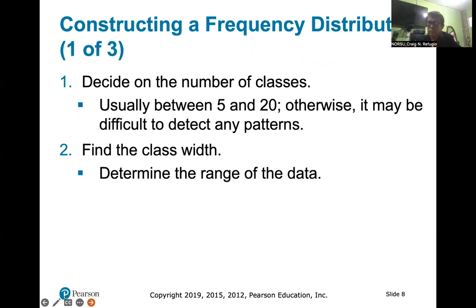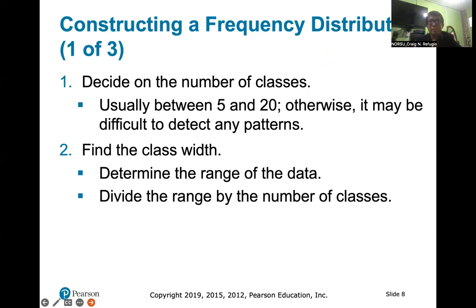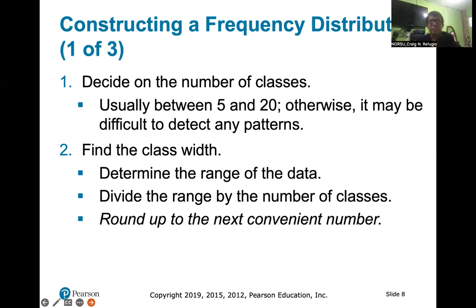Find the class width. So determine the range of the data. Range is equal to maximum minus minimum, or the highest minus the lowest one. Divide the range by the number of classes. So take note, the ideal number of classes is usually between 5 and 20. Round up to the next convenient number.